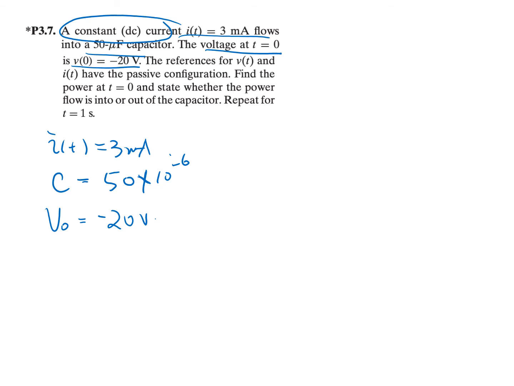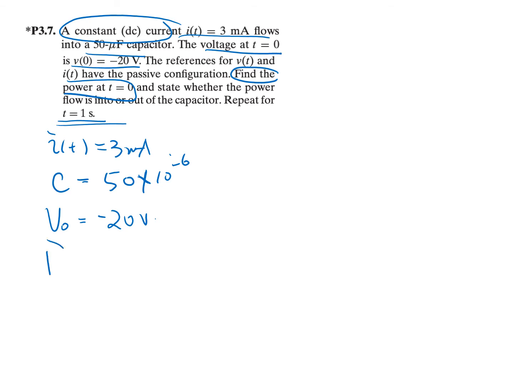And we assume to use the passive configuration. We are asked to find the power at t is equal to 0 and state whether the power flows into or out of the capacitor. And we are asked to do this again when t is equal to 1 second.